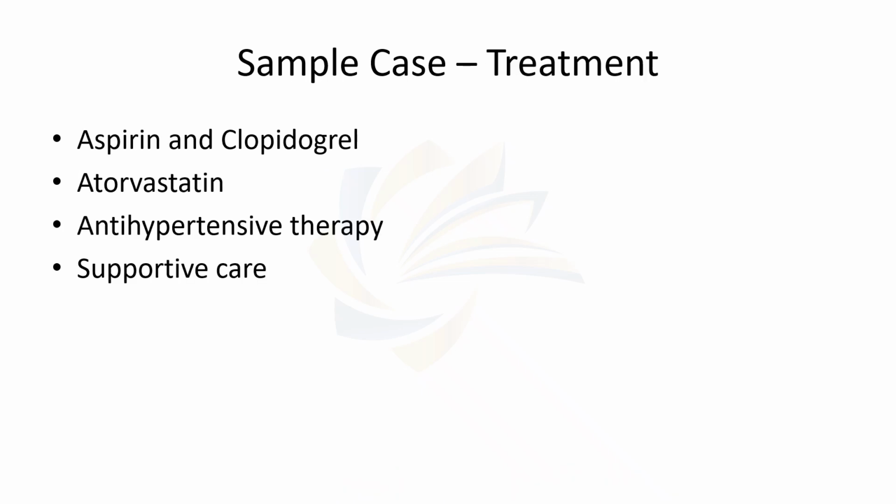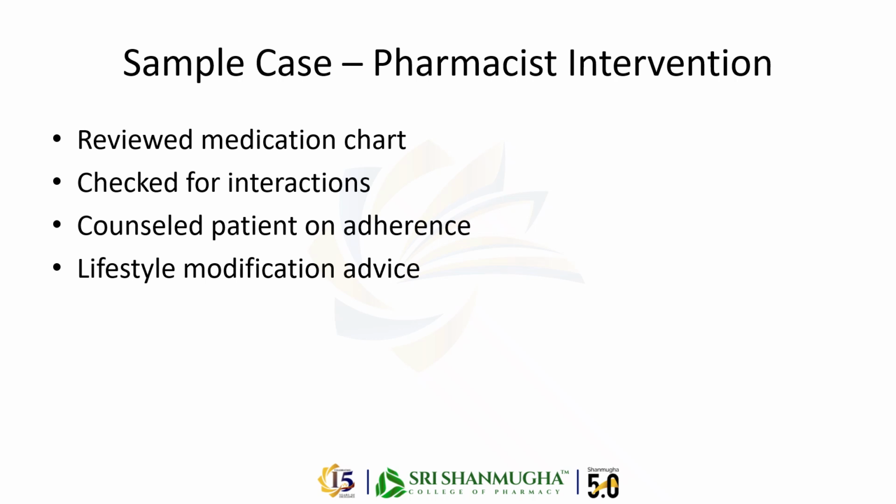And next the treatment chart gives tablet aspirin and clopidogrel, atorvastatin, antihypertensive therapy and supportive care. And next, pharmacist intervention: the medication chart should be reviewed and every drug checked for interactions, counseling the patient on medication adherence and lifestyle modification advice.